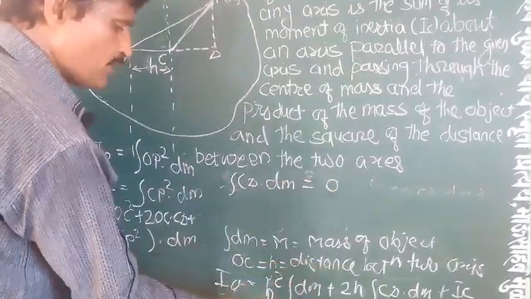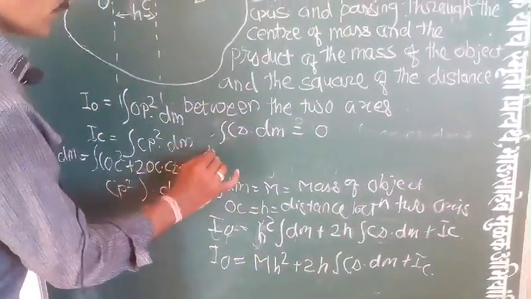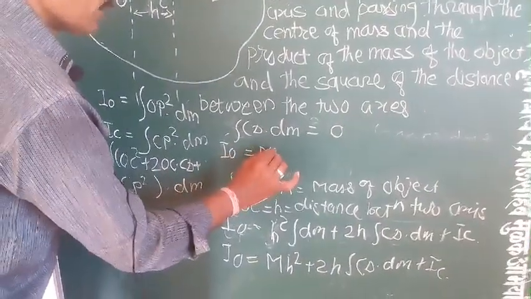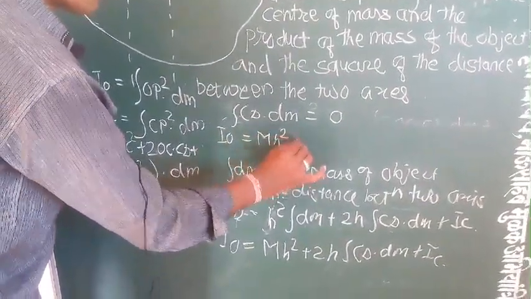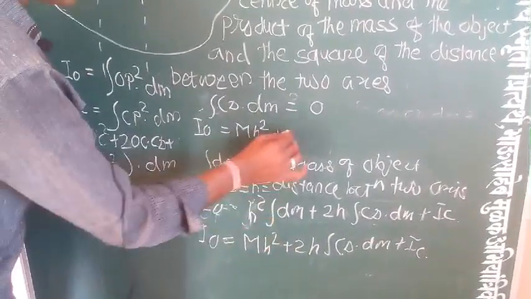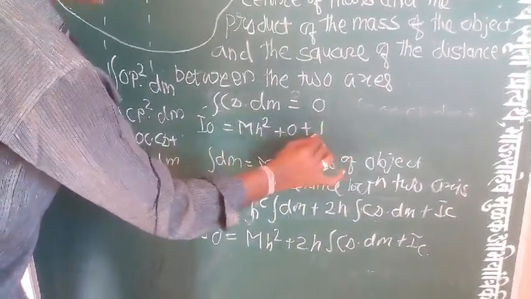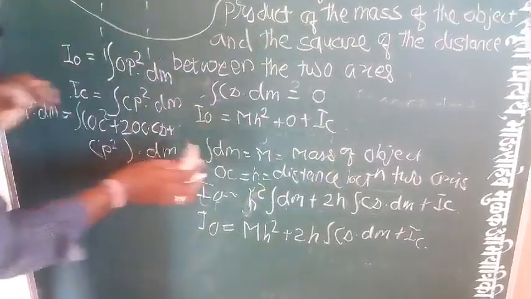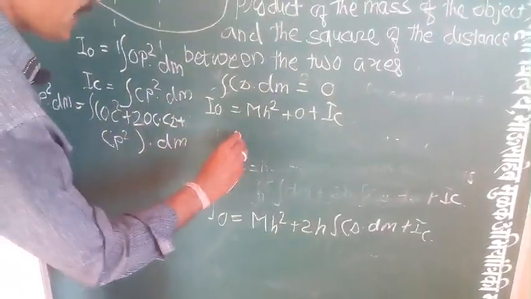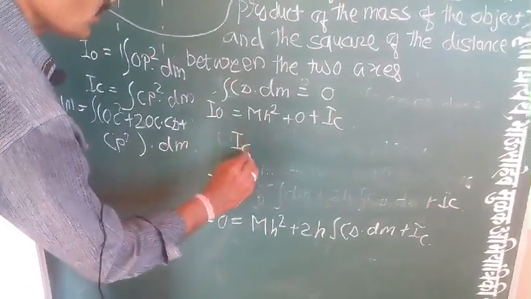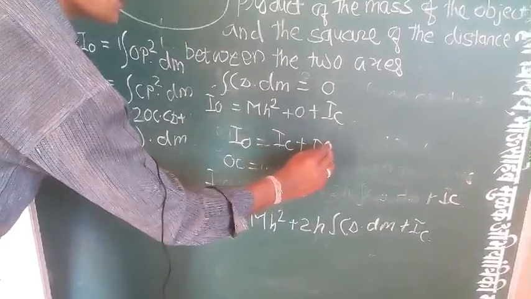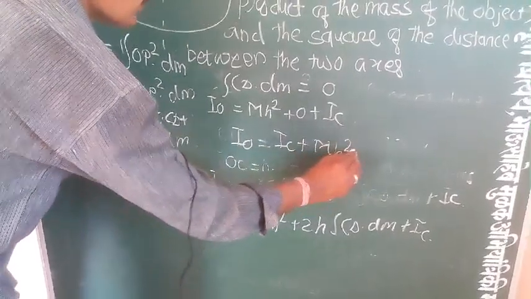So putting this value in this equation, we get IO is equal to m h square plus twice h into 0, that is 0, plus Ic. So we get that IO is equal to Ic plus m h square.